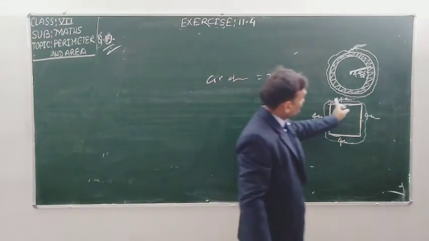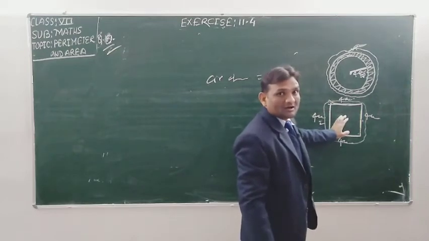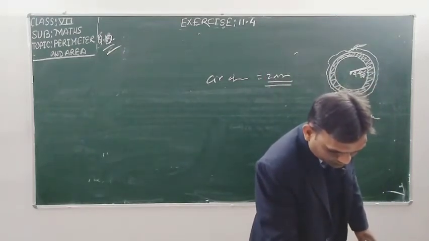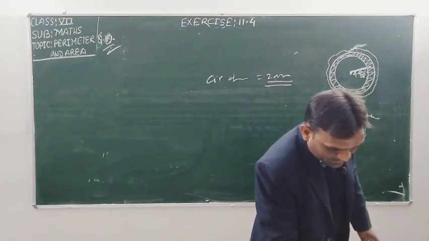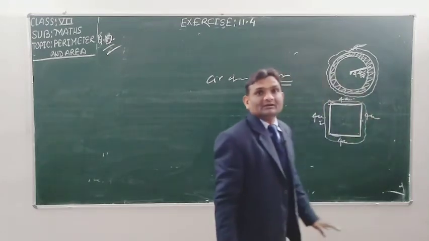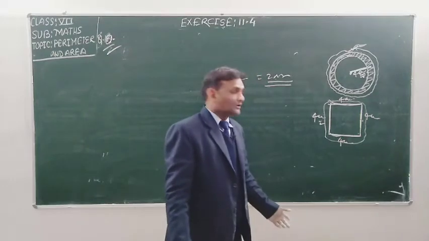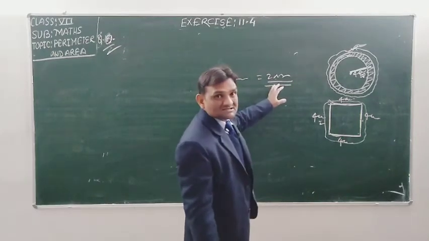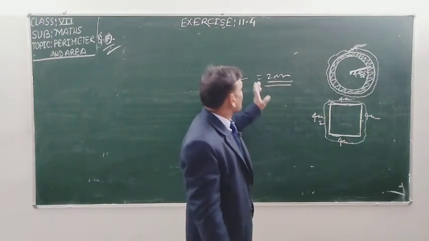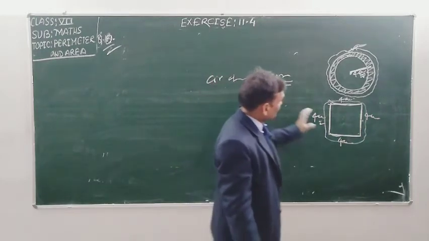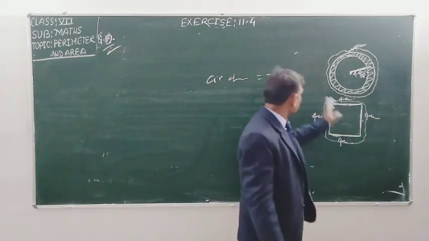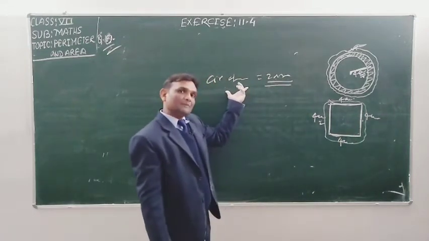So how much card has been left? The question is asking me, student, did she have any card left? Yes. You will subtract the perimeter of the square box from the circumference of the circular pipe.